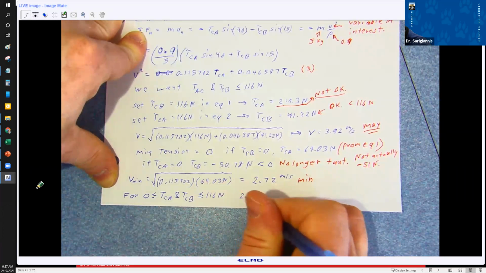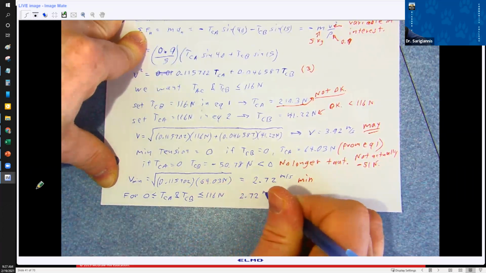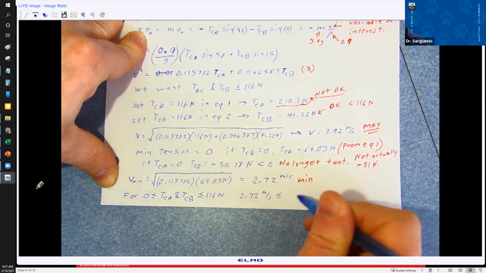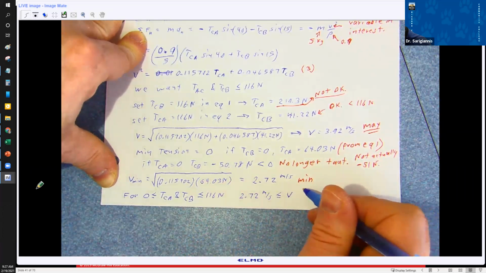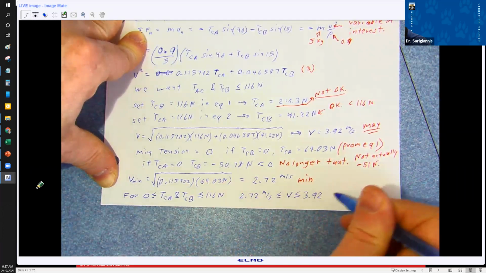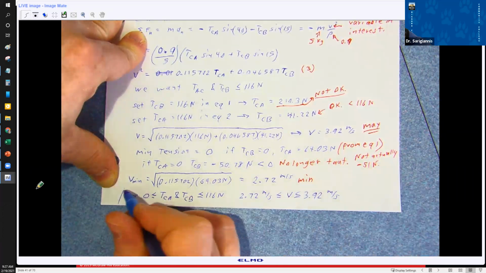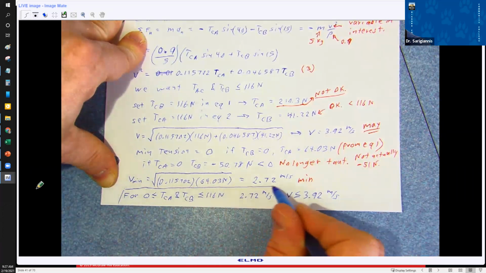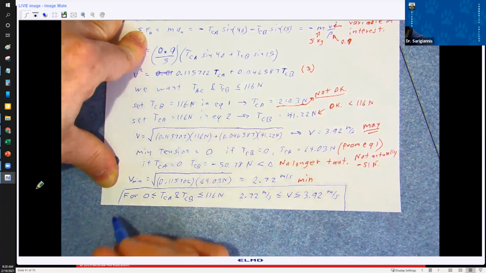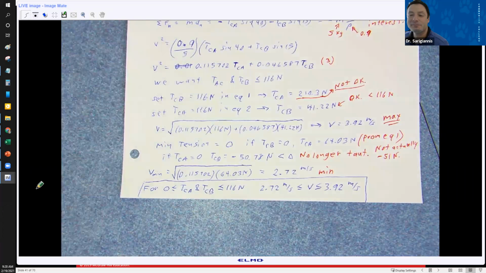You've got 2.72 meters per second is less than or equal to the speed, which is less than or equal to 3.92 meters per second. Let me box this in so it separates it from the rest of the mess here.